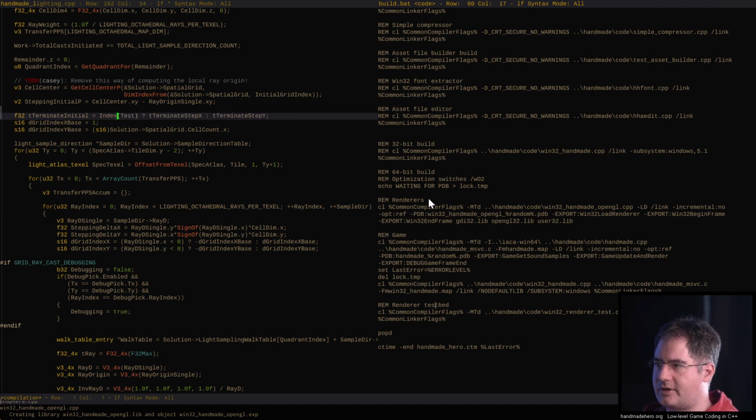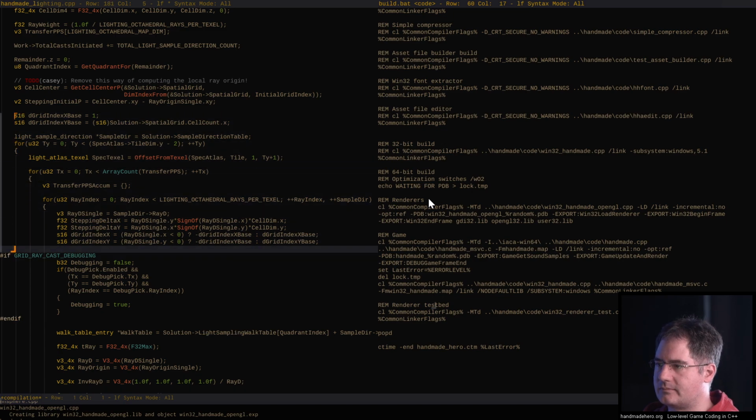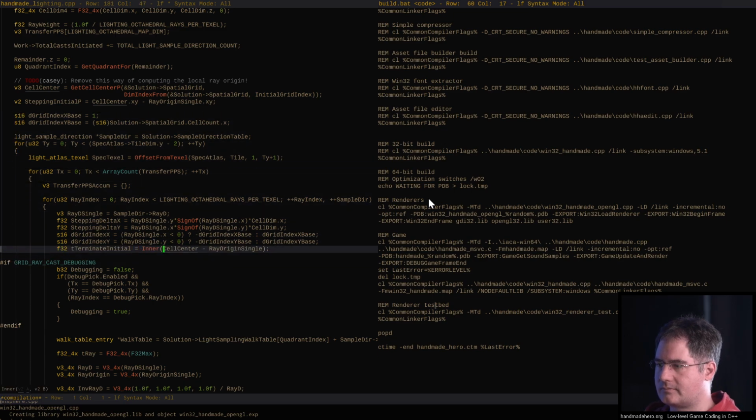It's just the inner product of the cell center minus the ray origin, times the ray direction, sorry, ray d single. So in other words, to step to the current center, we're going to step forwards or backwards. It might actually be backwards if we're pointing in the wrong direction. We're going to step backwards in t to hit that.